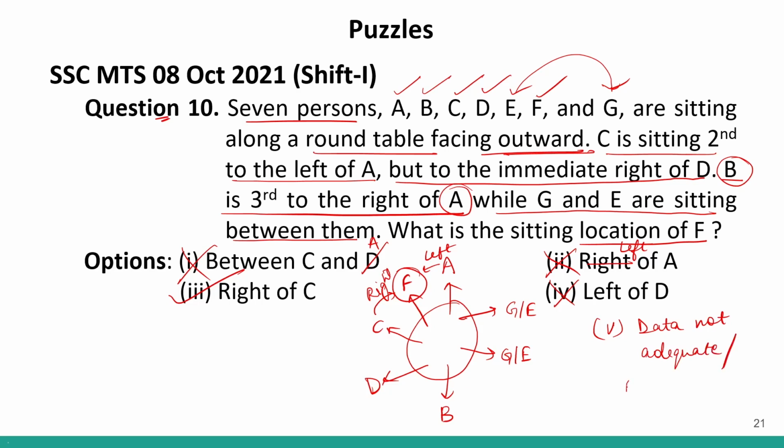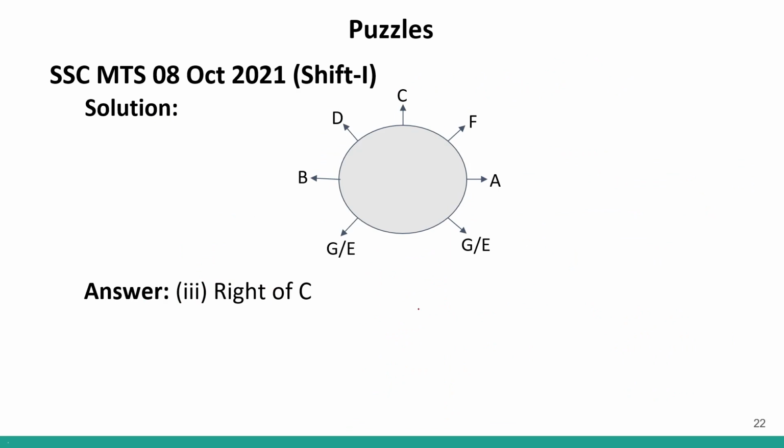We would have something like this if we were asked position for G and E because they were not fixed. But in this question, we were asked position of F, which is fixed. So answer is there, right of C. Okay, clear? This is the arrangement. G and E are not fixed.